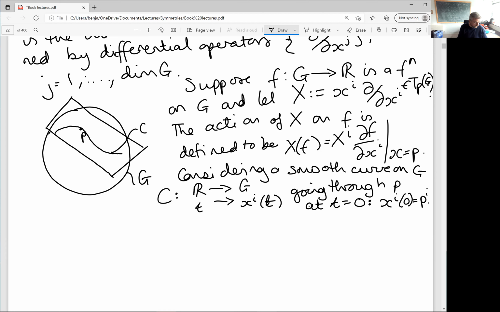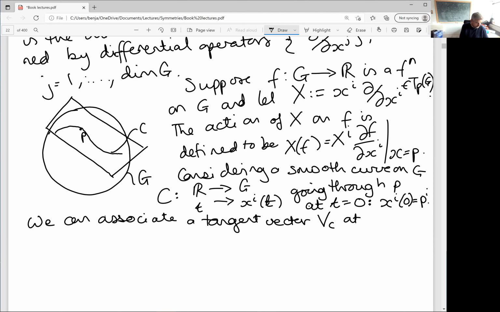So we can then associate a tangent vector at P. Let's call this V_C, which is dx^i by dt at t equal to 0, times d by dx^i.